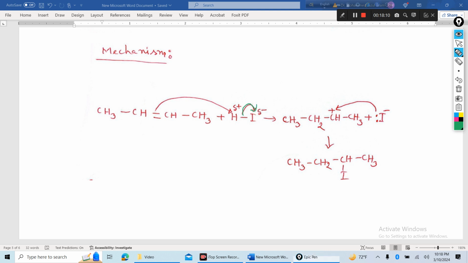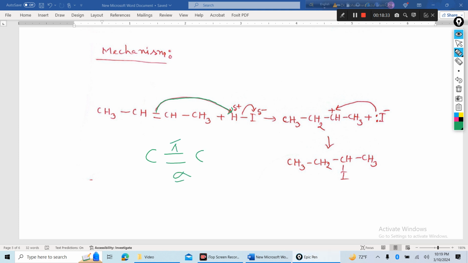Electron is going to iodine, it becomes delta minus, and when iodine takes the 2 sharing electrons, it becomes iodide ion, a nucleophile. Then butene gives its pi bonding electrons. In the carbon-carbon double bond, one is sigma and one is pi.